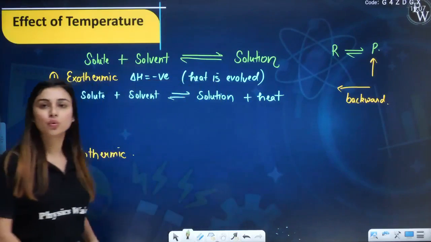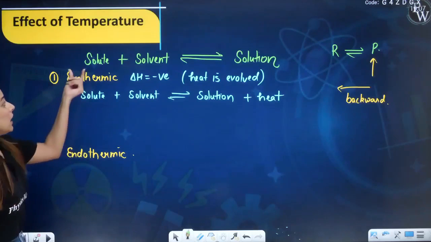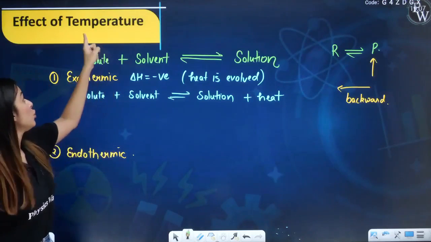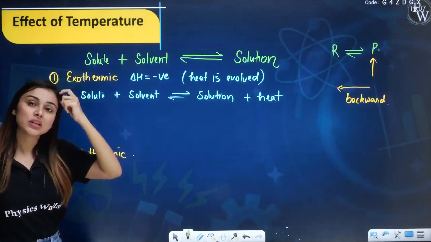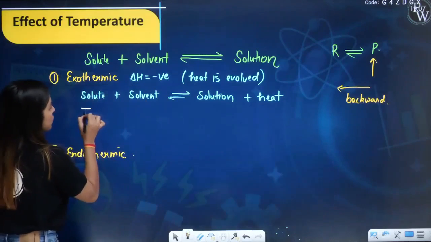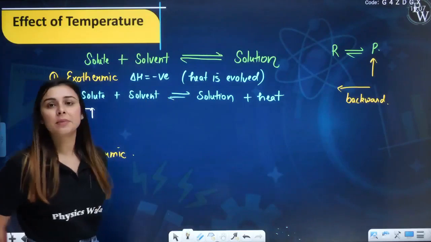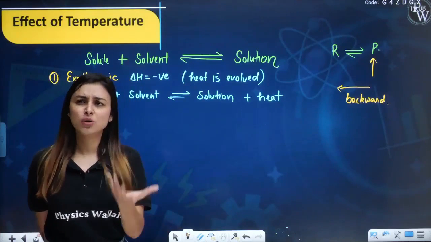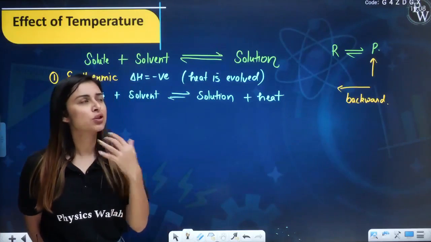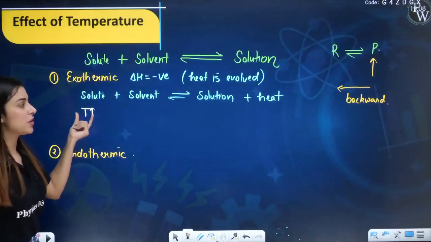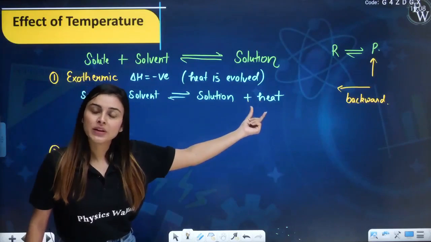Now what I want to tell you is this. In an exothermic reaction, you want to see the effect of temperature. So imagine you are trying to increase the temperature. If you increase the temperature, what are you doing? Ma'am, we are trying to increase the temperature, and temperature actually increases the heat as well, right? So if you are increasing the temperature, you are trying to increase the heat.